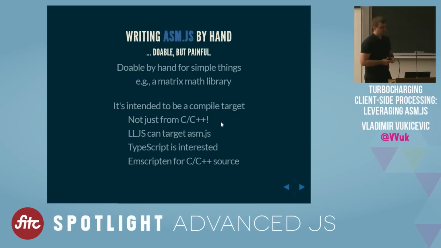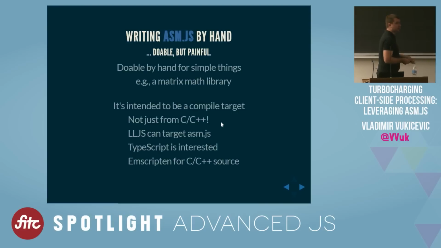But like I mentioned before, asm is intended to be a compile target. Now, not just from C and C++. That has been one of our focuses because there's a very large body of code already out there that we can help bring to the web and take advantage of. But there are other languages and other experiments also targeting asm.js. LLJS is something called low-level JavaScript.